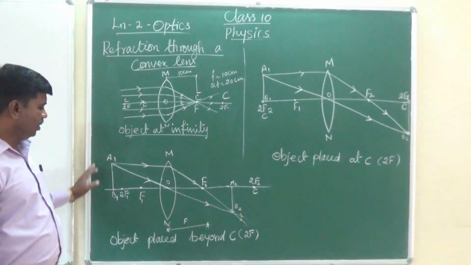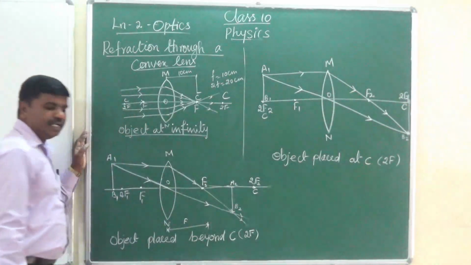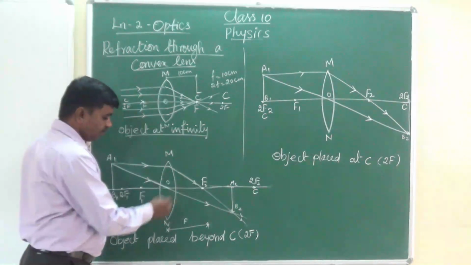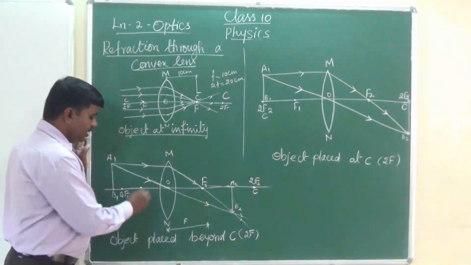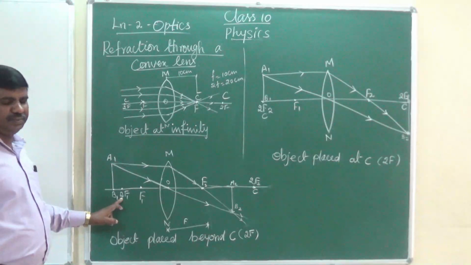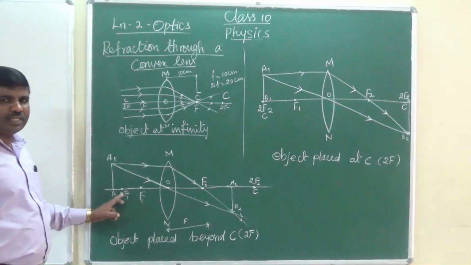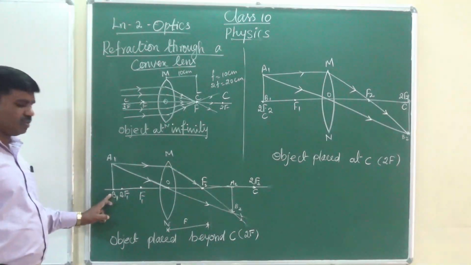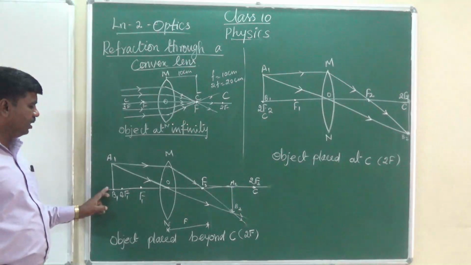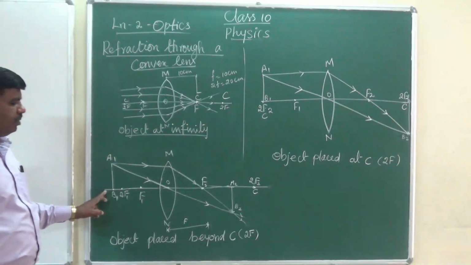See here, it is the optic axis, the center line of the lens. This is the focal point. Here f1 is the focal length. Then 2f, twice the focal length, but the light source, the object, is beyond 2f.